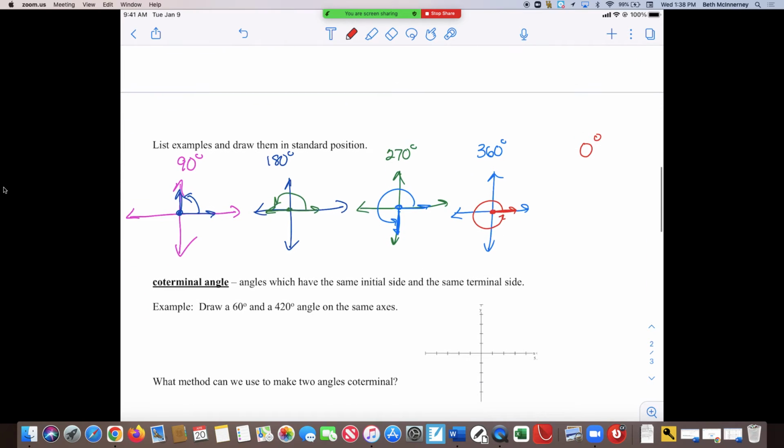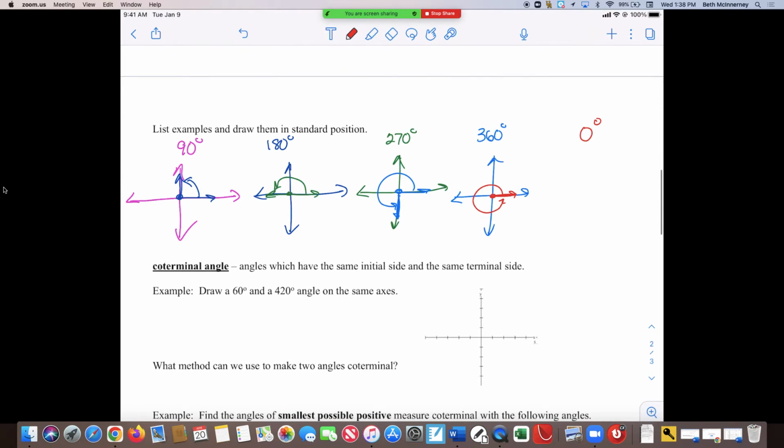So that leads me beautifully to something called coterminal angles. So here's an example of coterminal angles, 270 degrees and negative 90 degrees. Coterminal angles have the same initial side and same terminal side, but they do a different rotation. They don't do the exact same rotation.